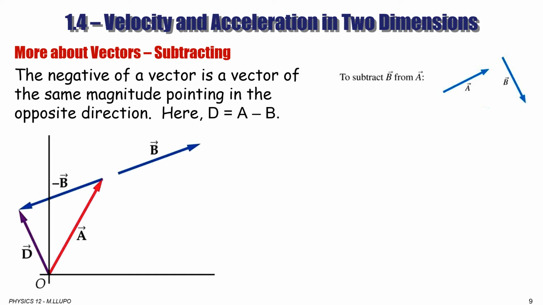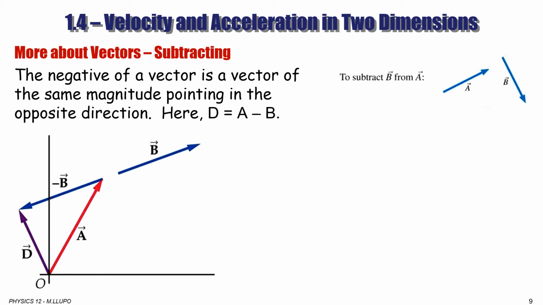So the vector D, which is A minus B, is going to start where the first starts and end where the last ends. In this case, minus B, the opposite of B, is the second one.